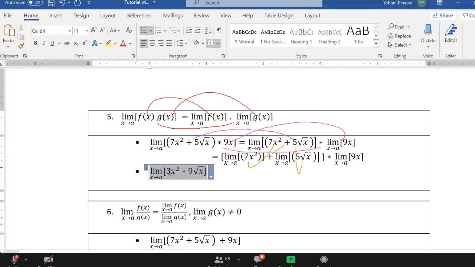Firstly you have to take this 3x to the power 2 outside, then into 9 root x, right?